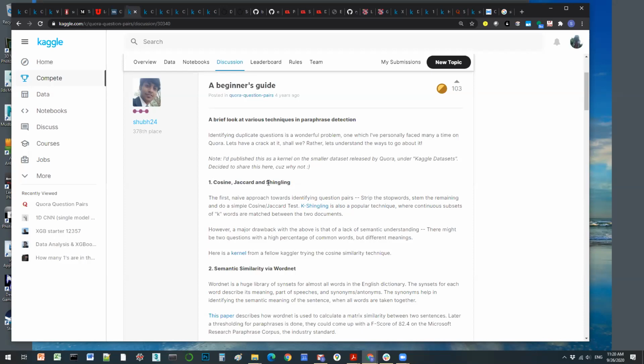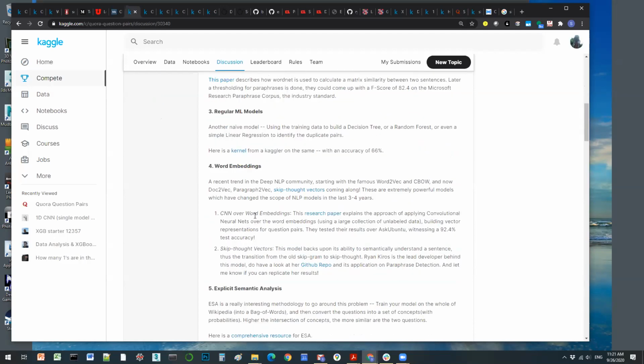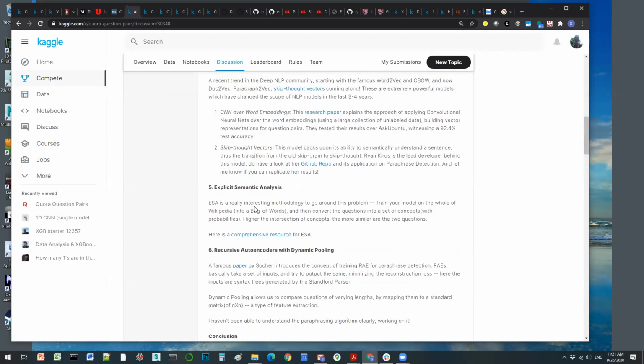So maybe if we find the cosine distance score or the Jaccard score or the shingling, maybe that will tell us that the two questions are similar. There's a variety of different techniques that are described here.